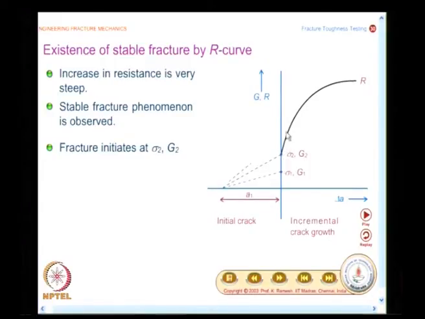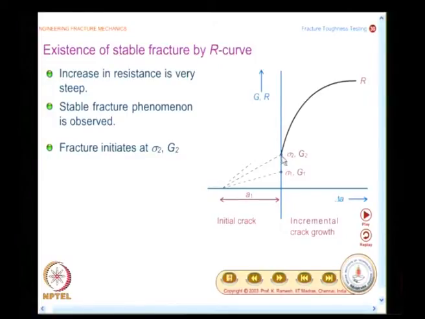Because the R curve is steep like this, when you have a stress as sigma 1 and the corresponding energy release rate is G1, which is less than the resistance, the crack will not propagate.